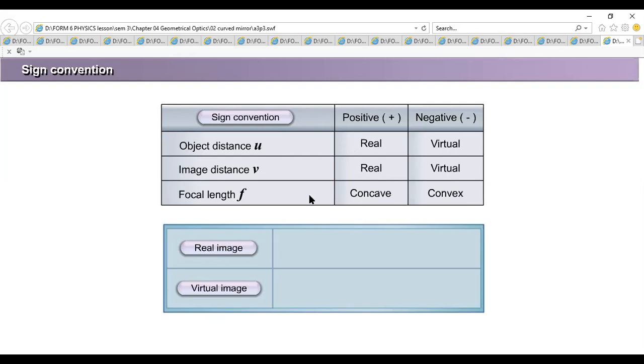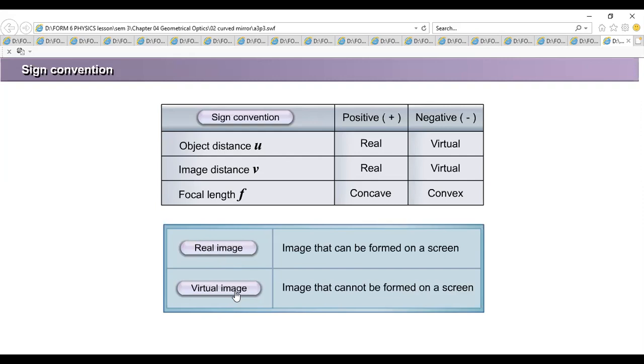For f, positive for concave mirror, negative for convex mirror. Real image means that the image can be formed on a screen. Virtual image means that the image cannot be formed on the screen.